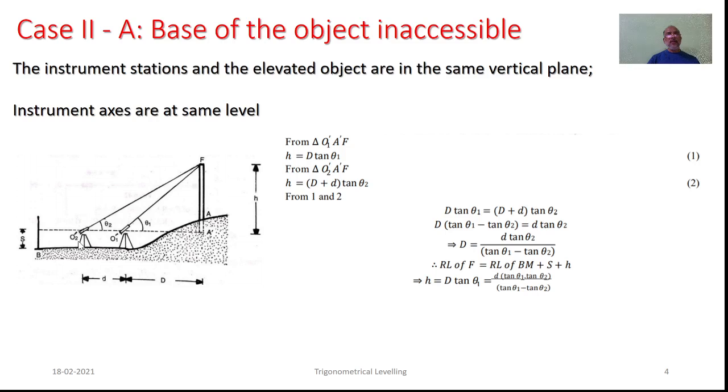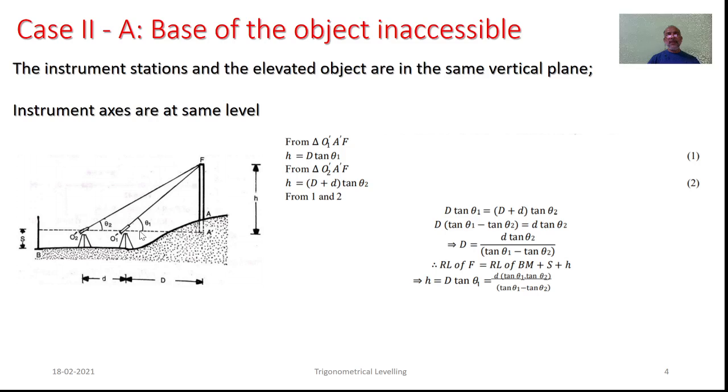Again set the equipment, carry out the temporary adjustments. After having the equipment leveled with face left as well as face right, we will be able to determine this angle theta 2. As you see here, for both these instrument stations, we have kept the axis at the same level.